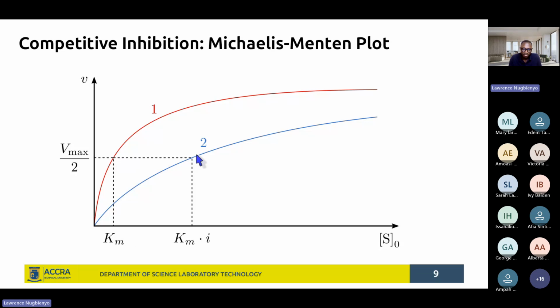You see, the apparent Michaelis-Menten constant is greater than the Michaelis-Menten constant for the uninhibited reaction.